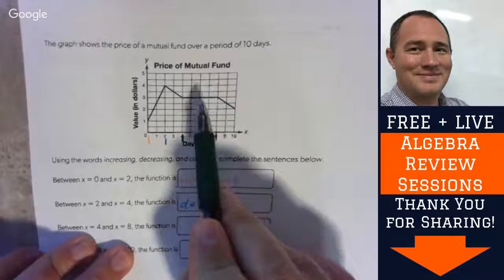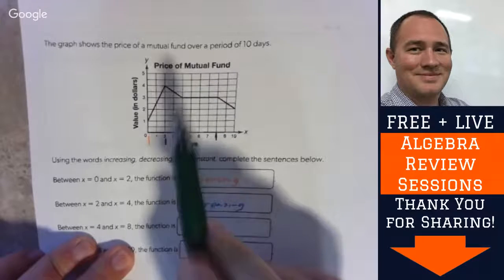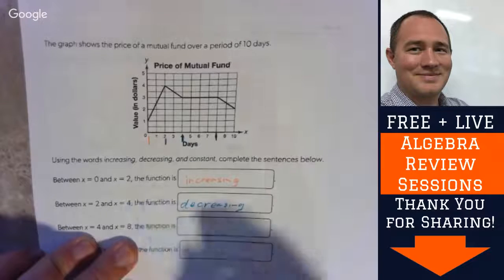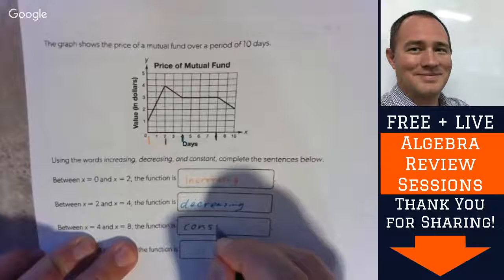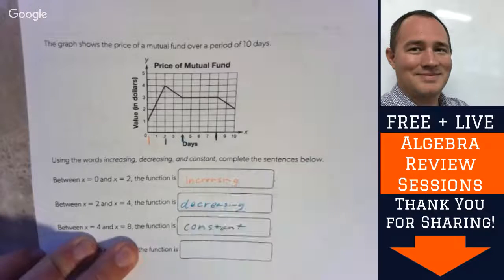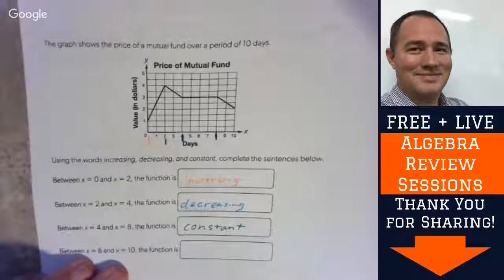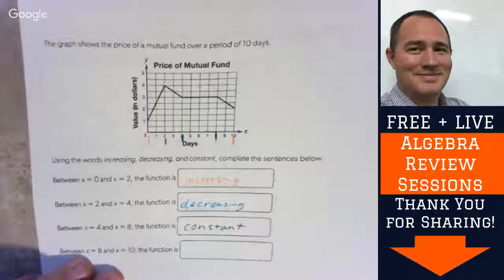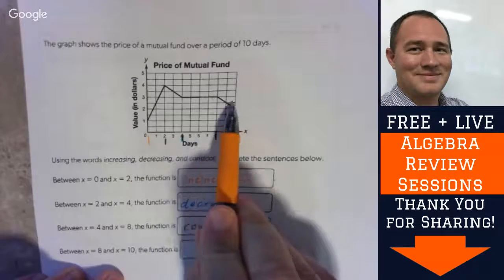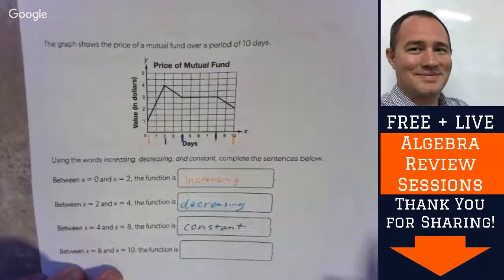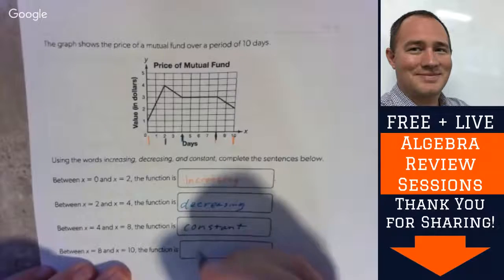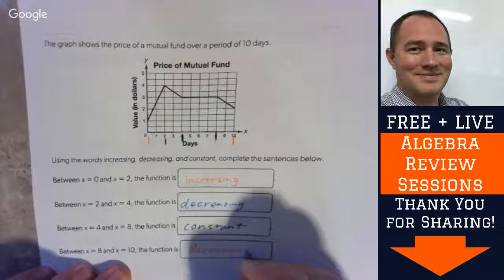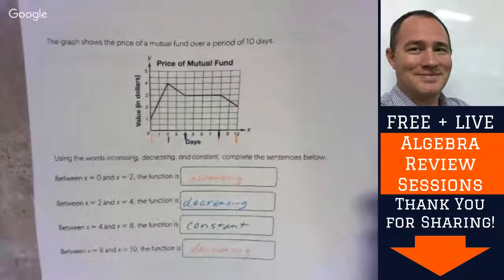It's not uphill or downhill. So what we would actually say is that would be constant. Okay. And then between 8 and 10, we'll go back to orange. Between 8 and 10, walking left to right, we would begin again going downhill, so that would be decreasing.